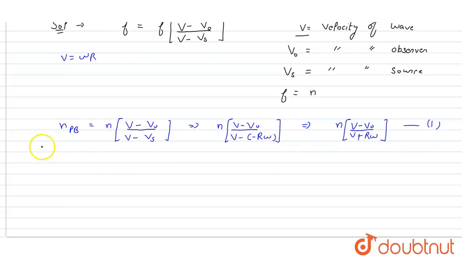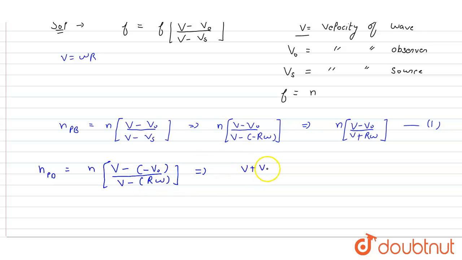Then n PD becomes n into v plus v naught upon v minus r omega. This is equation number 2.